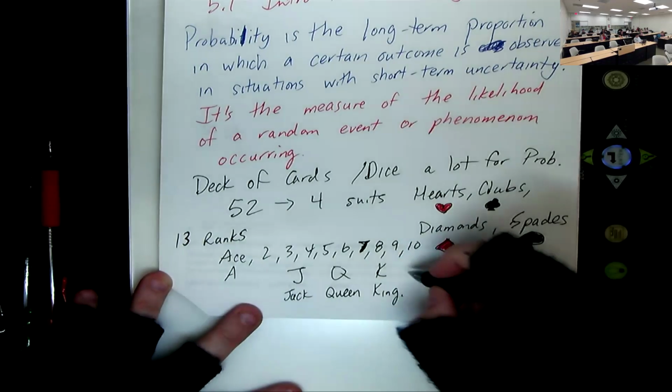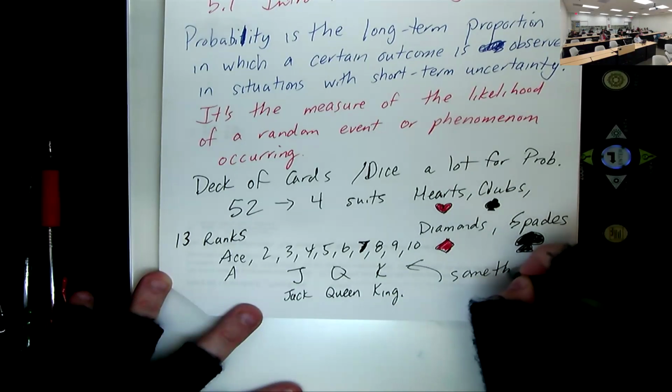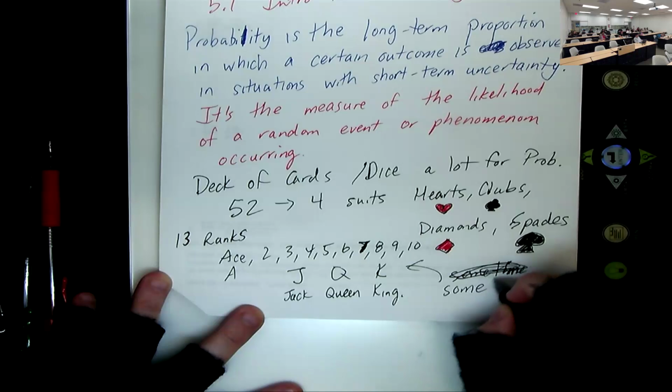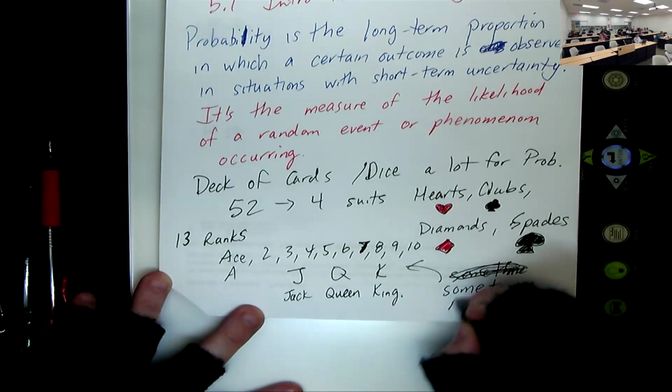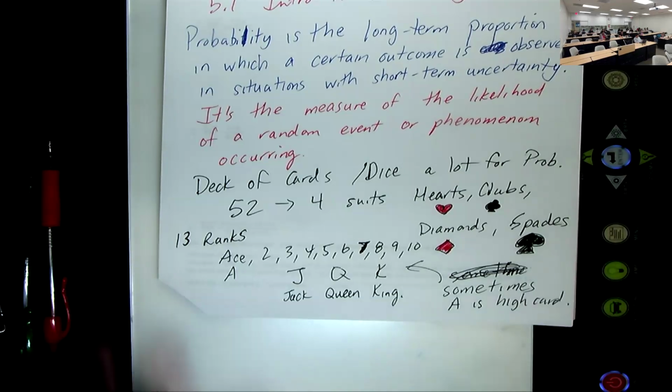Sometimes the ace is listed up here, sometimes ace is a high card. So 4 times 13 is 52.